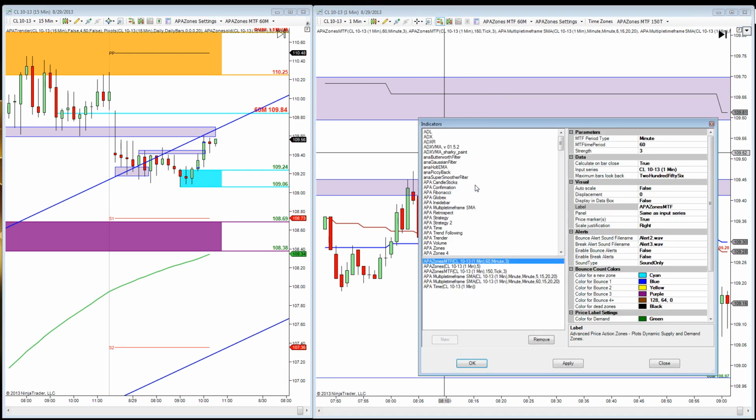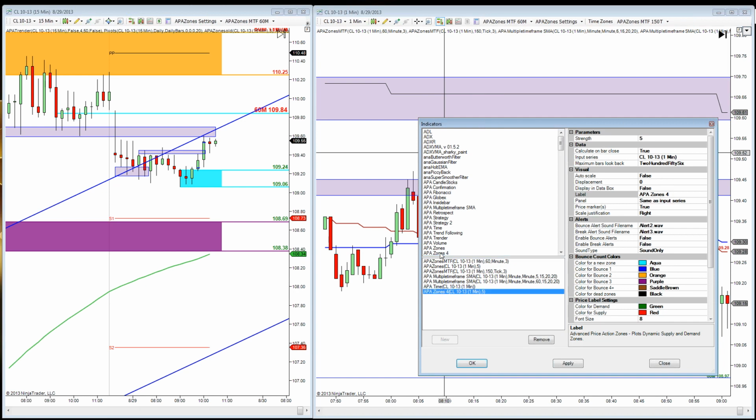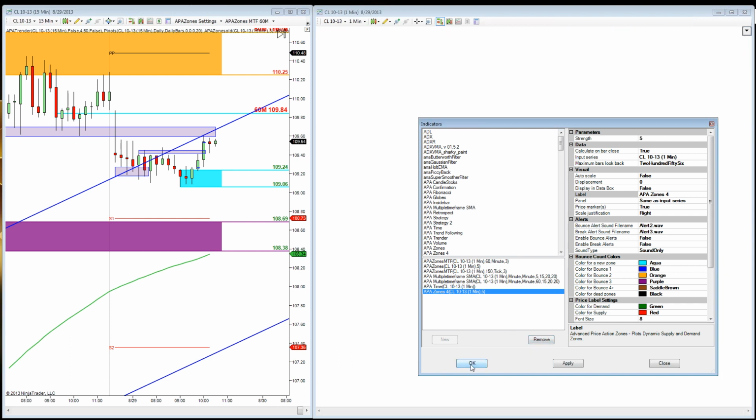Epizones 4 will soon be coming out, and it identifies a lot of this stuff for us automatically. So we can apply this to the charts, and we can see what the signals will be here on the 1 minute.